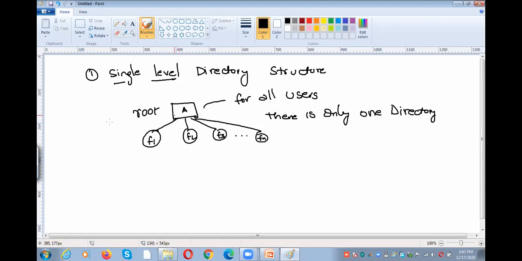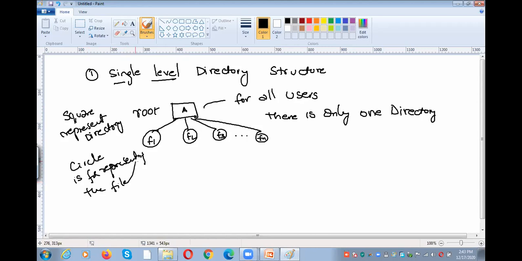If we observe here, we use a square for representing a directory, and a circle for representing a file.